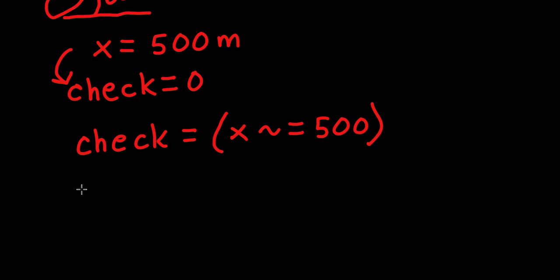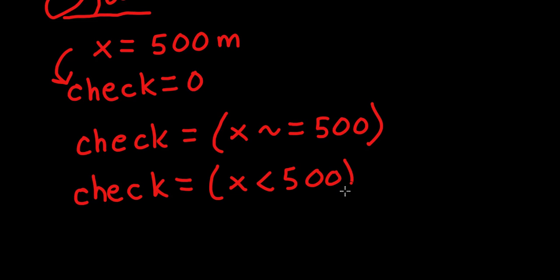Another way to do this, if you're worried about certain tolerances, is to say check equals x less than 500. In this case, once x is greater than or equal to 500, MATLAB will stop the numerical ODE solver.